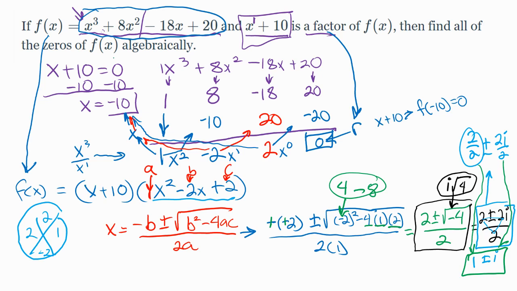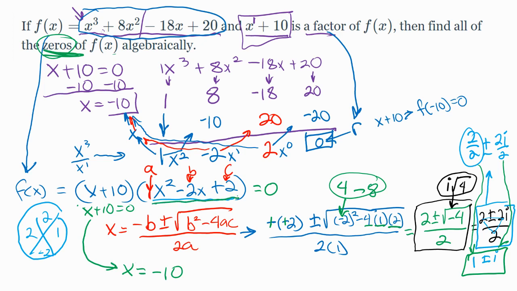So my zeros of this algebraically, although I don't know if you would want to call your imaginary ones zeros, they're roots or solutions, if you will. Anyway, my three solutions: I've got x equals negative 10, which I guess I didn't actually set equal to 0 to solve. So x plus 10 equals 0, and then you would get x equals negative 10 as one answer.